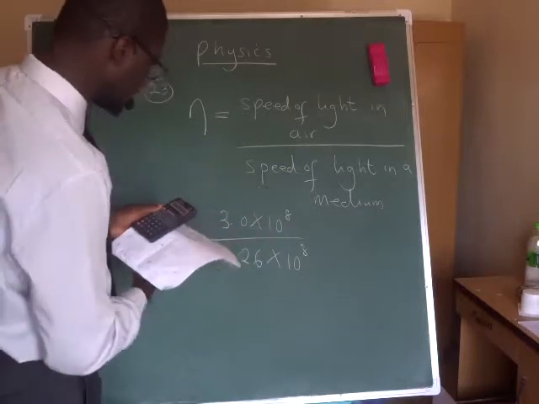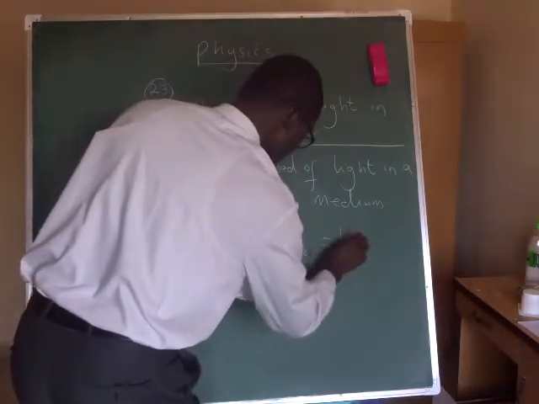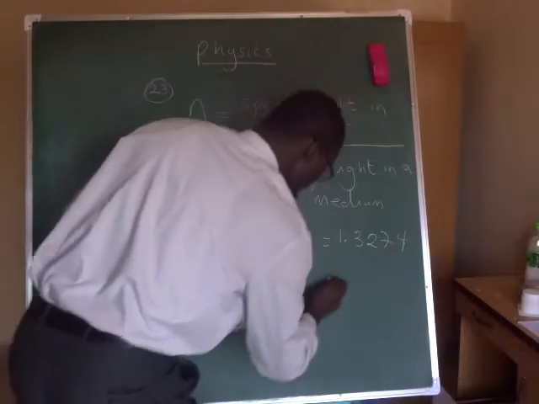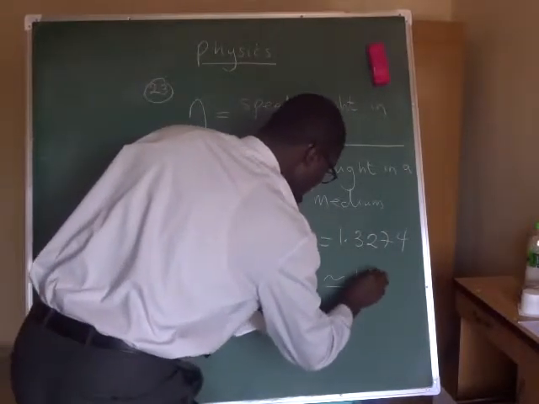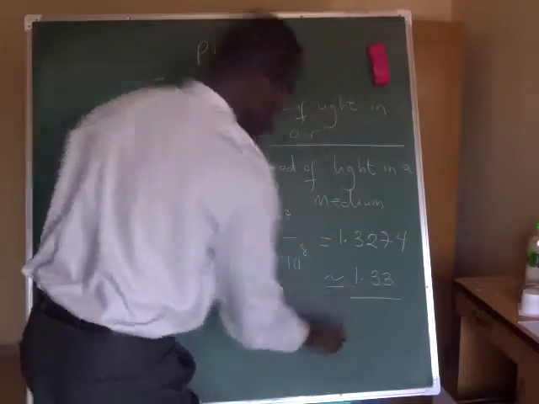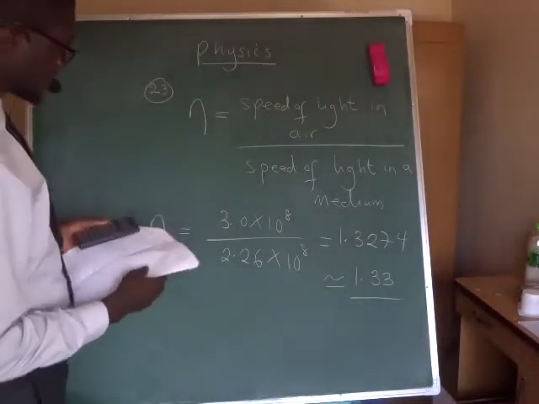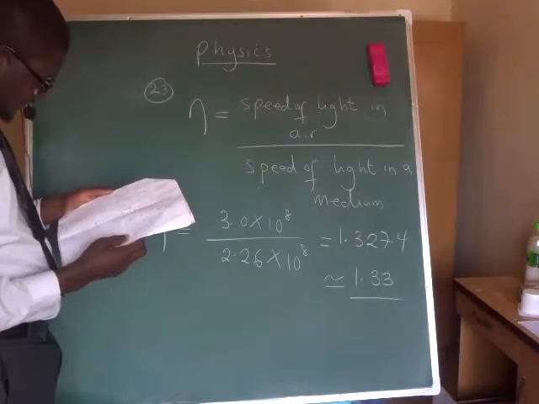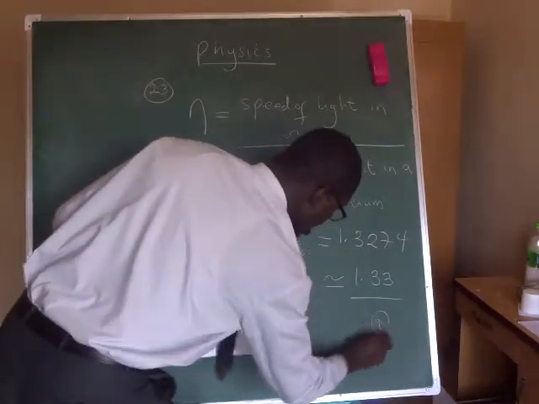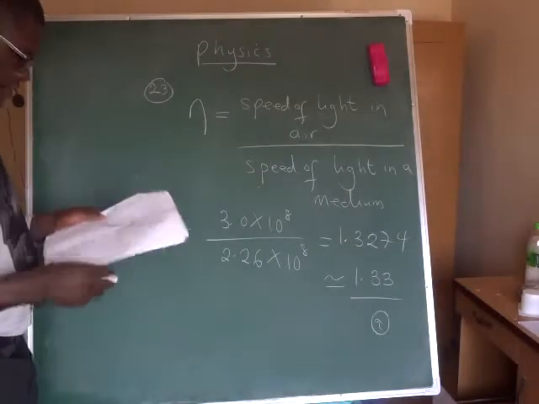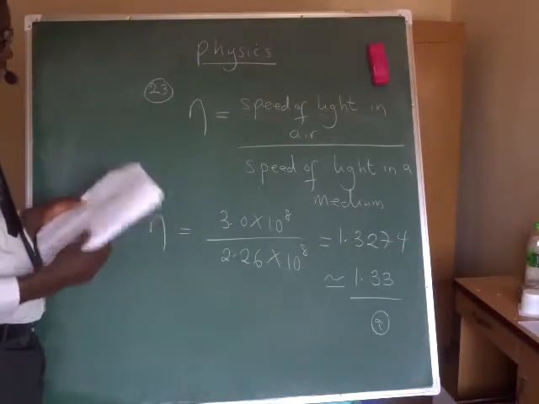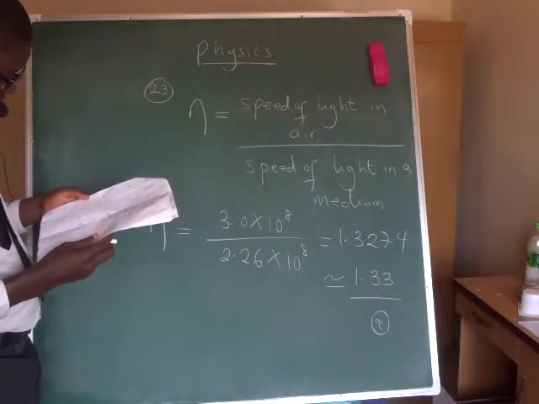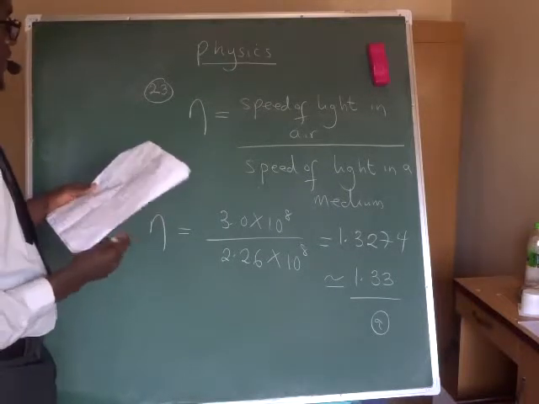So I have 1.3274, approximately 1.33. So I have 1.33 as the refractive index of water, and that is option A. So my answer to 23 is option A. So next question is question 24. In question 24, a diagram is given.